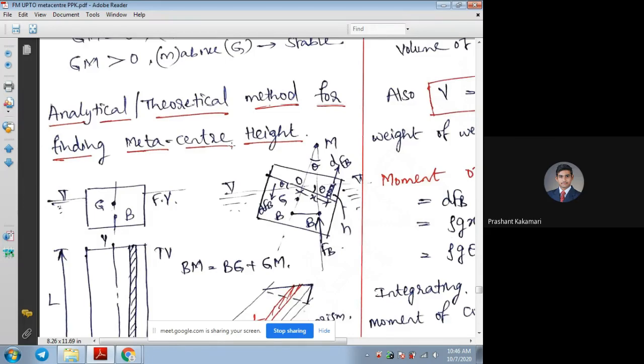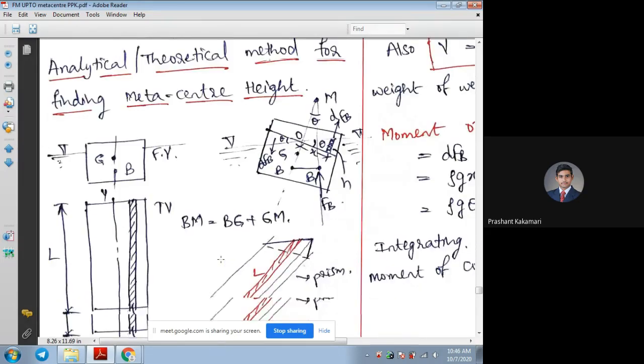In the fluid mechanics lab, we do the experimental method by applying some load for preparing the couple, and some other method is followed there. Here we are following the other method, the theoretical or analytical method. So this is there in the syllabus. Just analyze this in the front and top view.